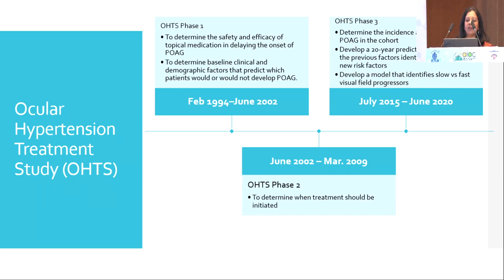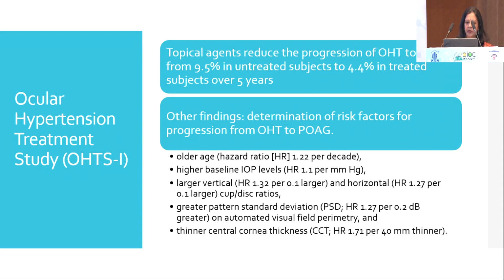And OHTS 3 was to determine the incidence and severity of POAG in the cohort and to develop a 20-year prediction model. The results of OHTS 1 clearly showed that topical medications reduce the progression of OHT to POAG from 9.5% in untreated subjects to 4.4% in treated subjects over a period of 5 years.